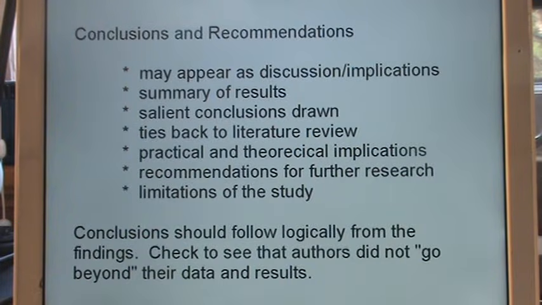It possibly talks about what practical implications there are. How can we use this right now? What theoretical implications are there? How does this extend our knowledge base? It may include recommendations for further research, and usually a good research study will talk about its own limitations.